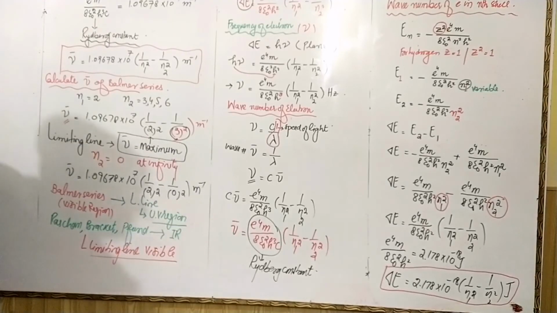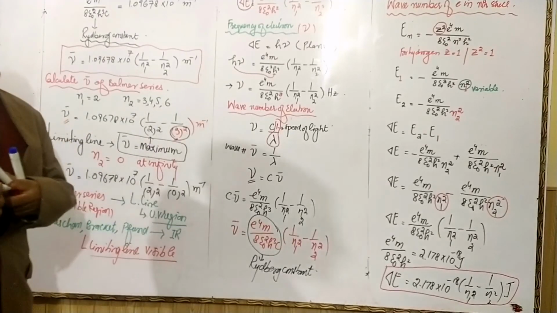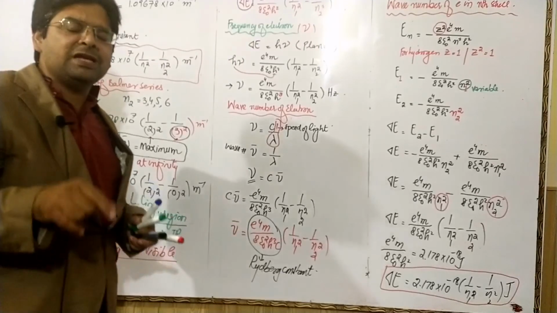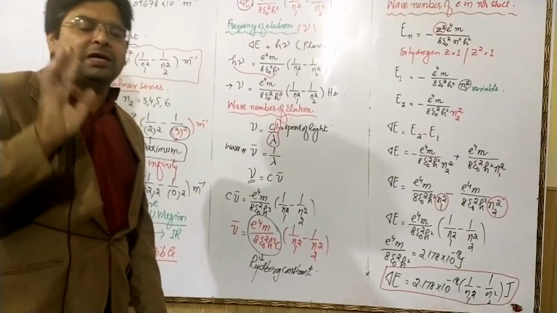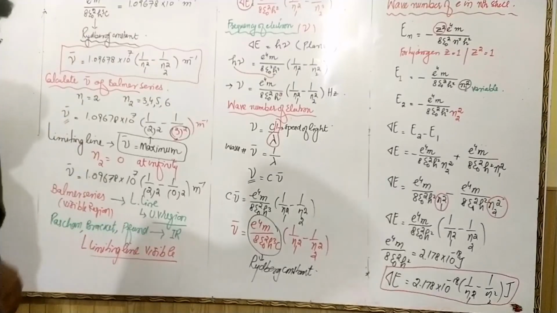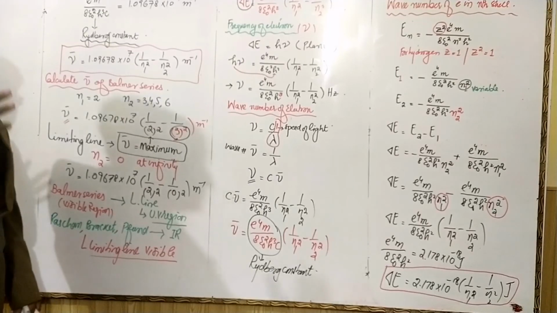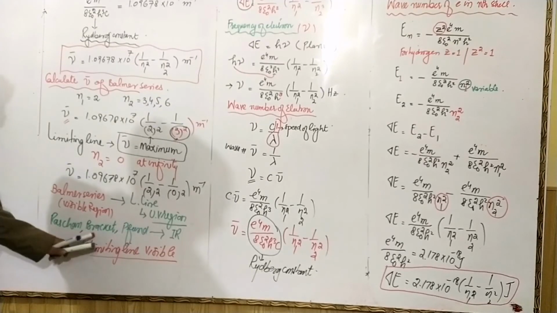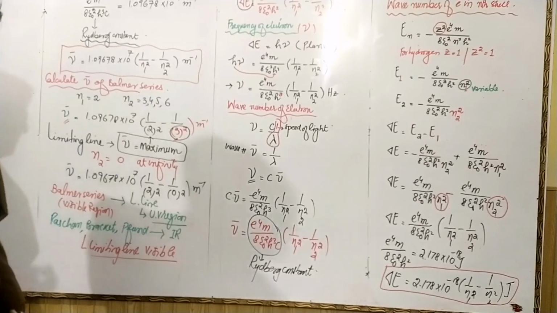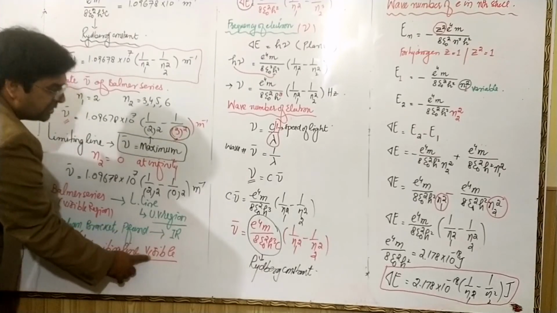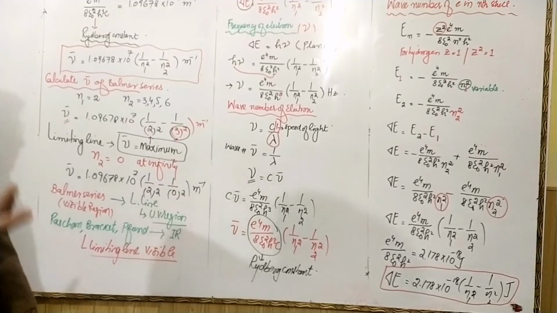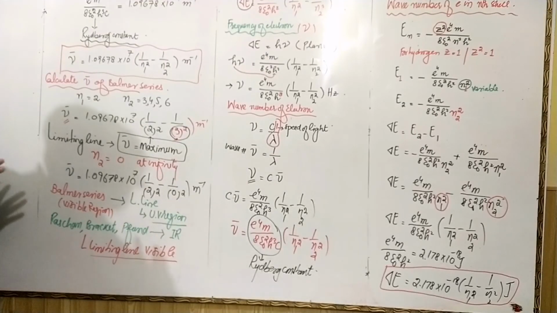So Lyman series itself lies in ultraviolet and its limiting line is also in ultraviolet, but all others will change. For Balmer series, the limiting line moves from visible to ultraviolet. For Paschen, Brackett and Pfund series, the limiting line shifts from infrared to visible region. It will move upward. So for the limiting line, the wave number will be maximum.